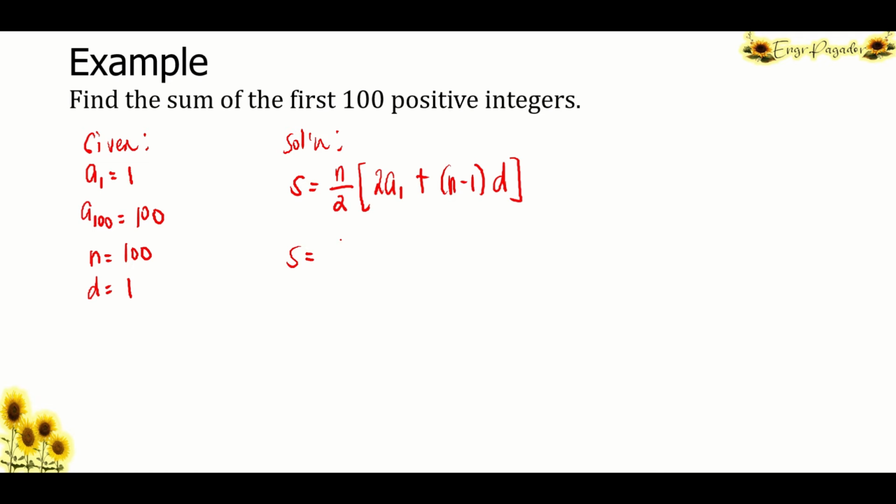So, S will be equal to n natin is 100 divided by 2, and then 2 times a sub 1 natin is of course 1 plus n, 100 minus 1 times 1. So, if you're going to compute this one on your calculators, ang lalabas na sagot will be equal to 5,550.